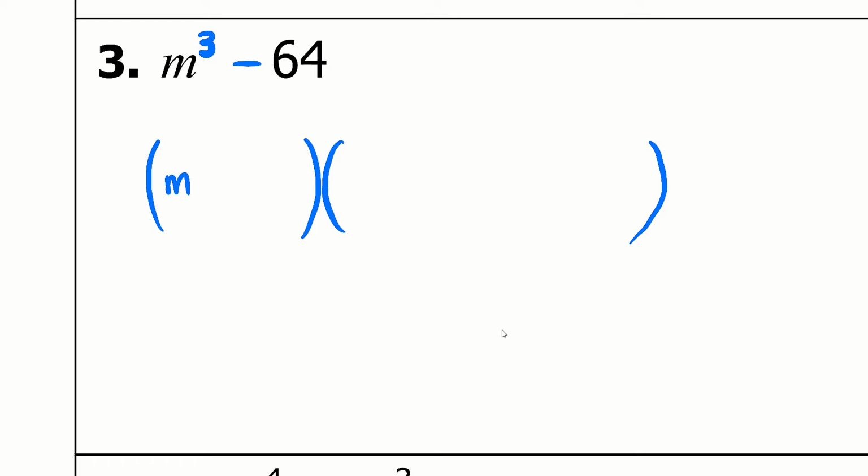M multiplies 3 times to get m cubed. 4, like we said a second ago, multiplies 3 times to get 64. So let's square those. M times m squared. 4 times 4, 16. And then m times 4, 4m. Last thing, signs. If that's a minus, so is the binomial. And to offset that, this has to be a plus, and this is always a plus.